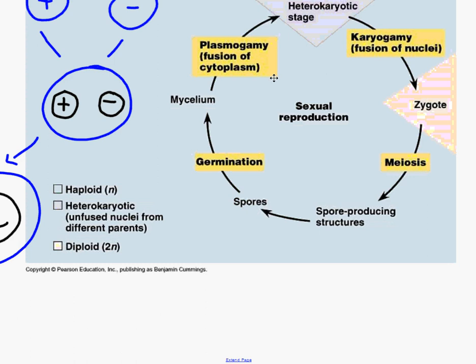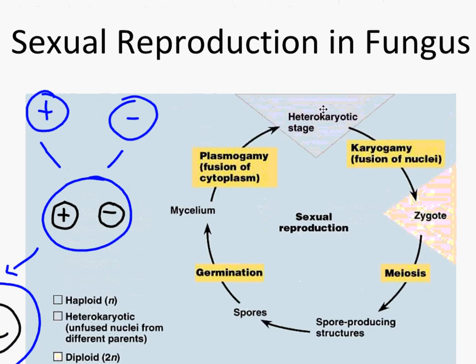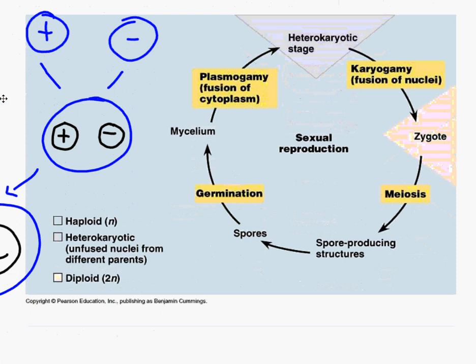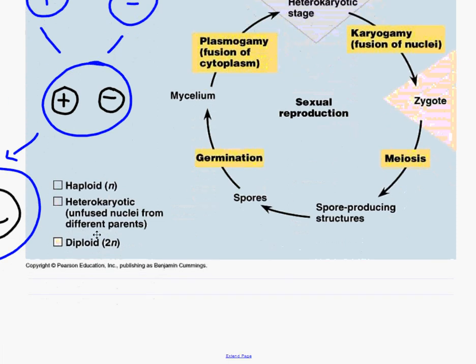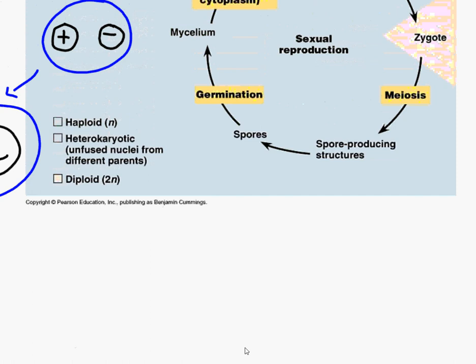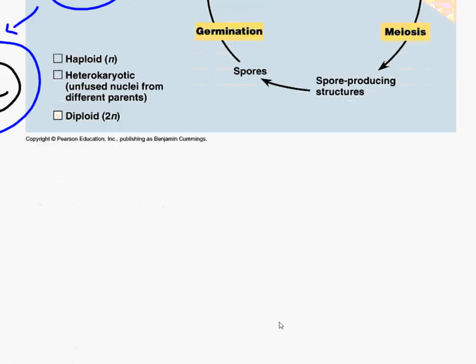Because again, fertilization, which is kind of what you could call this combination of these two haploids, has created a diploid. Now, fungi live their whole life in the haploid state, and so what has to happen for this diploid to go back to the haploid state? Well, you guessed it, meiosis.